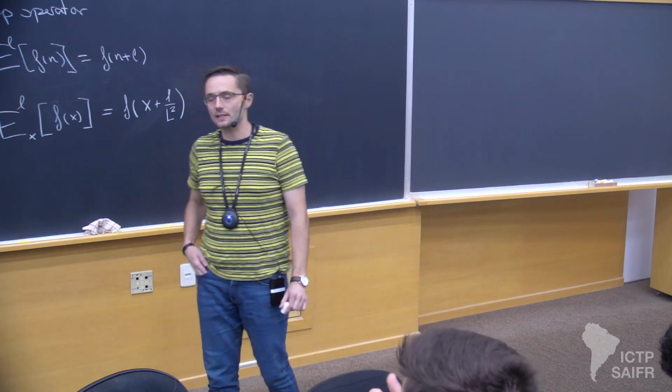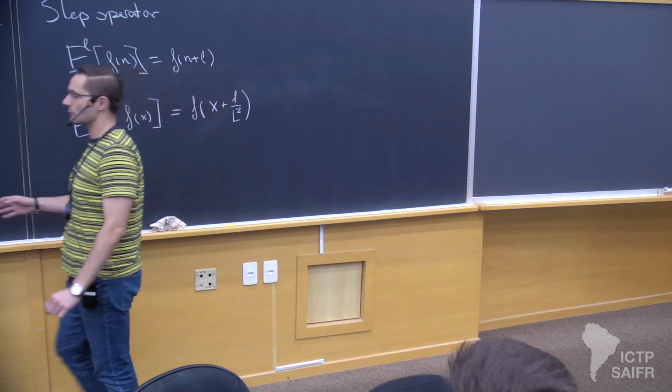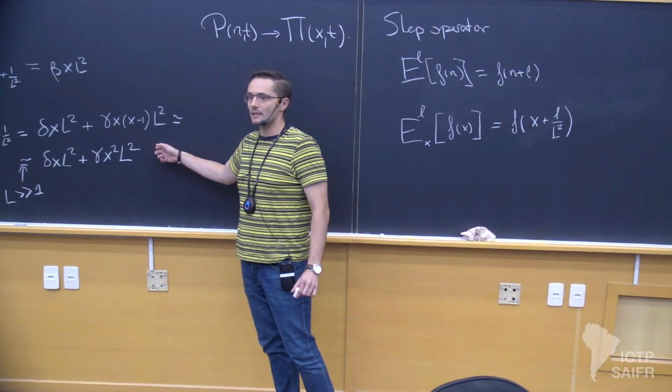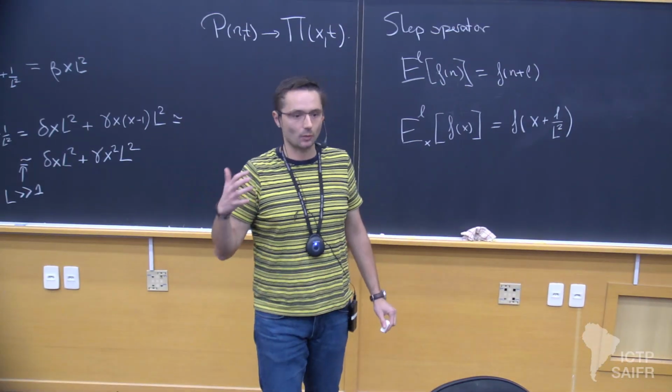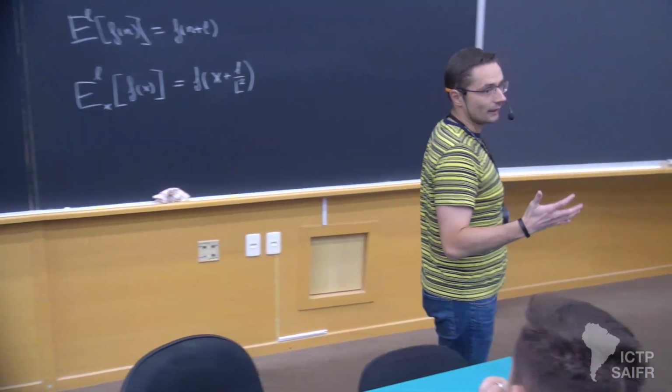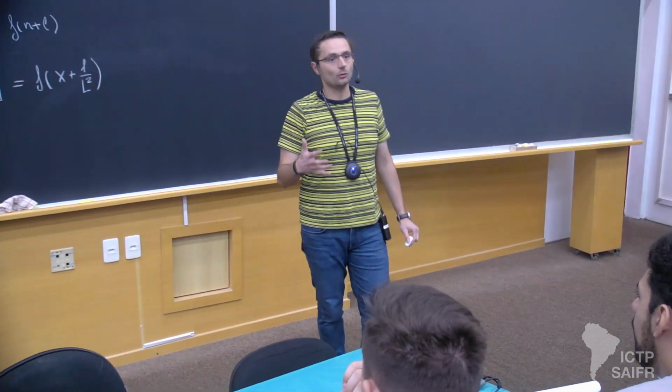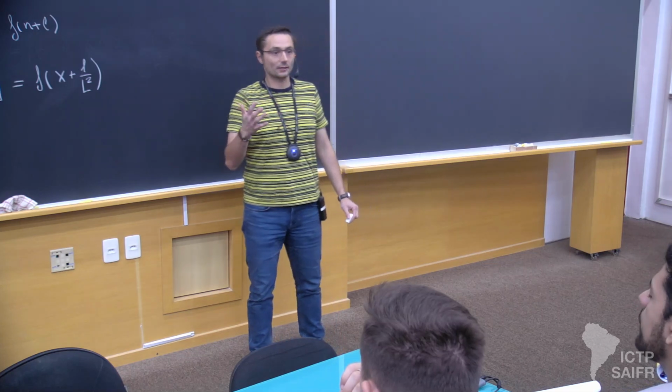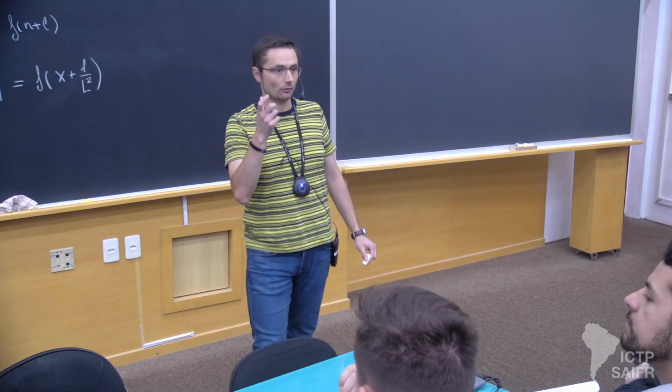The important thing is that by writing things in terms of the density, I have my system size explicitly in my equations. And if I take my system size to be large, then I can do expansions that I know will converge in 1 over the system size, because that's a small parameter of my system.